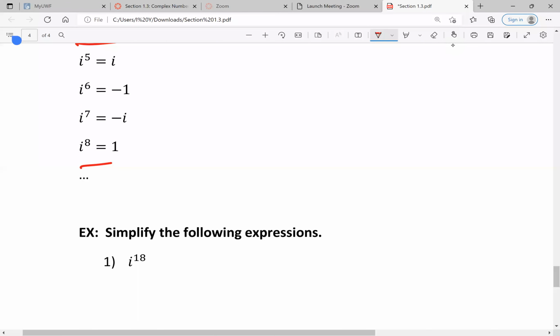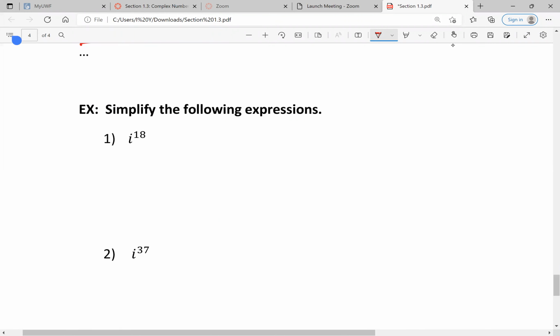So looking at something like this, remember, i to the fourth equals 1. So this is i to the 16th times i squared. And i to the 16th is simply i to the fourth to the fourth, which means this is 1 and this is -1. -1 is our answer.